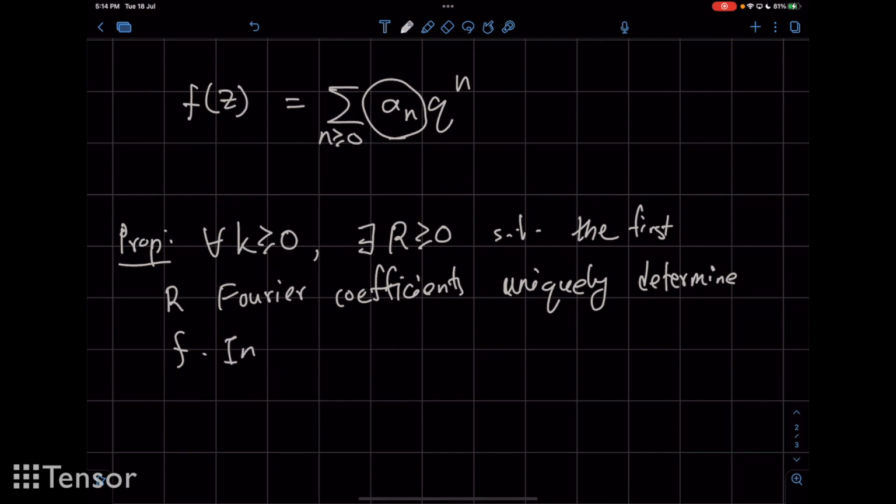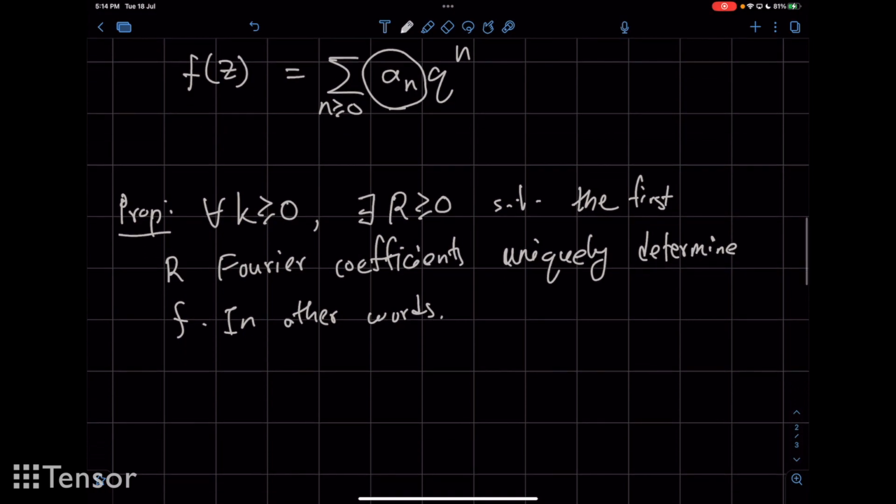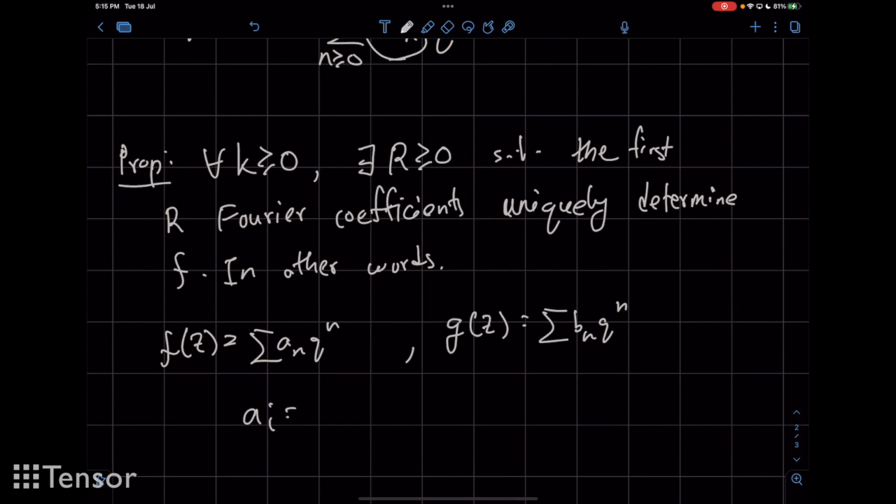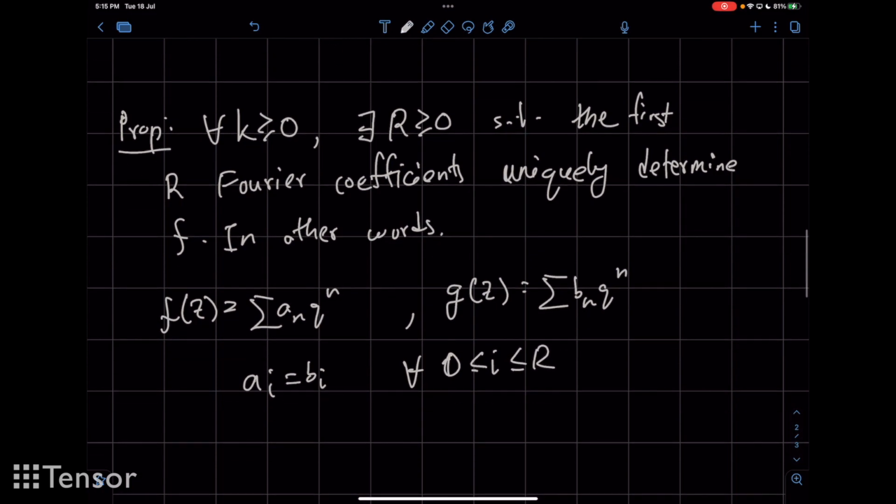In other words, if we have two modular forms such that their first r Fourier coefficients are the same, then the two modular forms are in fact the same. That is, if f of z is equal to the sum of a_n q^n and g of z is equal to the sum of b_n q^n, and a_i equals b_i for all i from 0 to r, then f equals g. So the proposition states that for every k, we can find such an r.